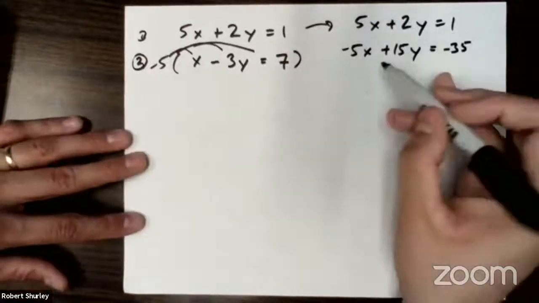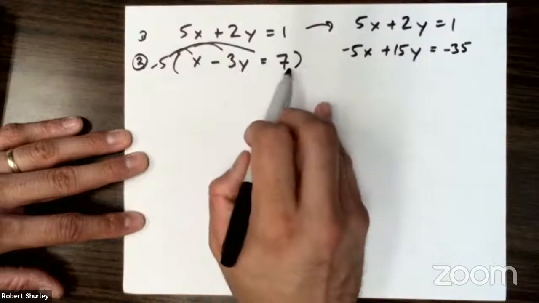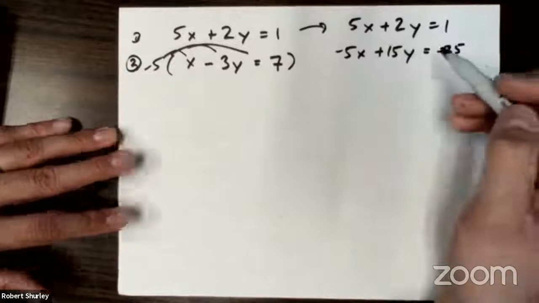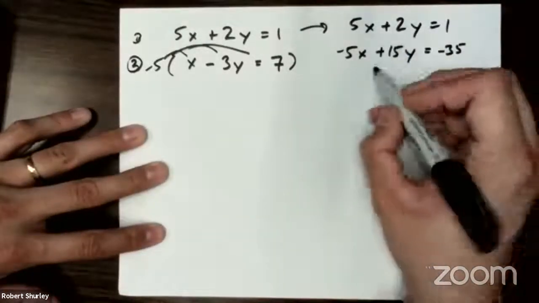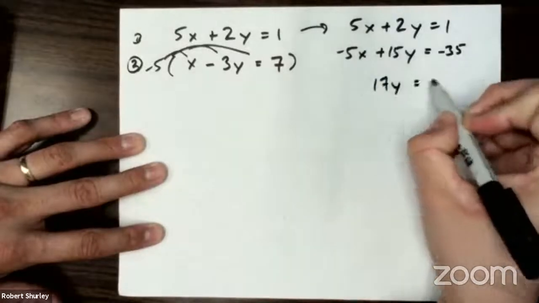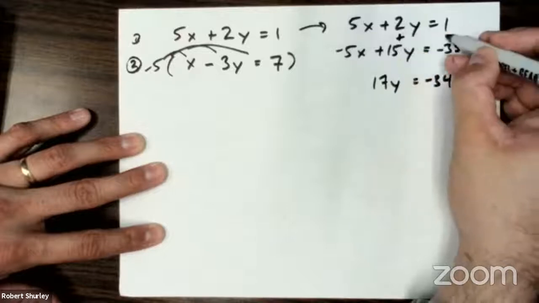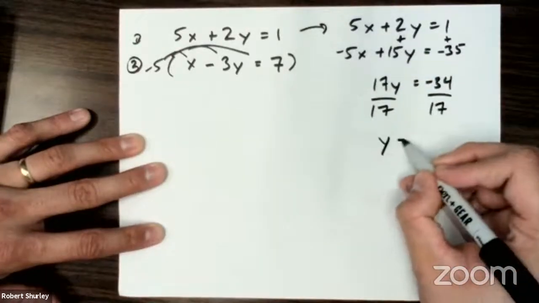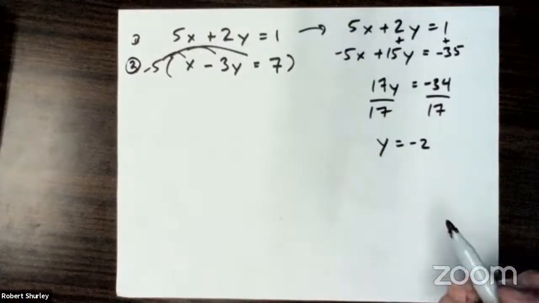Now look, when I add vertically here, the x's go away, and so I'd have 17y equals -34. I divide by 17, and I'd wind up with y equals -2. It's just an easier kind of answer here.